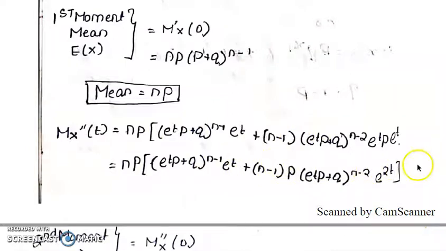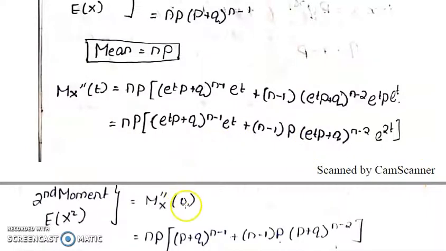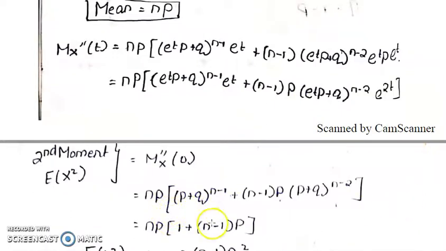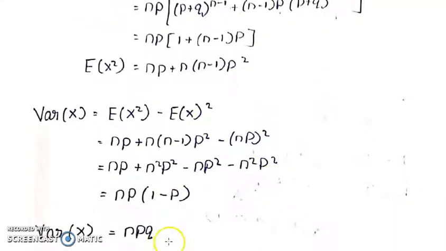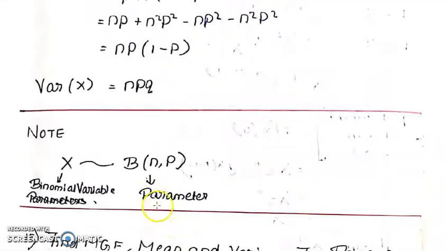Put t equal to 0, and put p plus q equal to 1, and we get this equation. Now apply the variance formula: variance of x is E of x square minus (E of x) the whole square. E of x square equal to n into n minus 1 p square plus np, minus (np) the whole square. After simplification we get np into 1 minus p. 1 minus p is simply q. Therefore, the variance of x is npq.